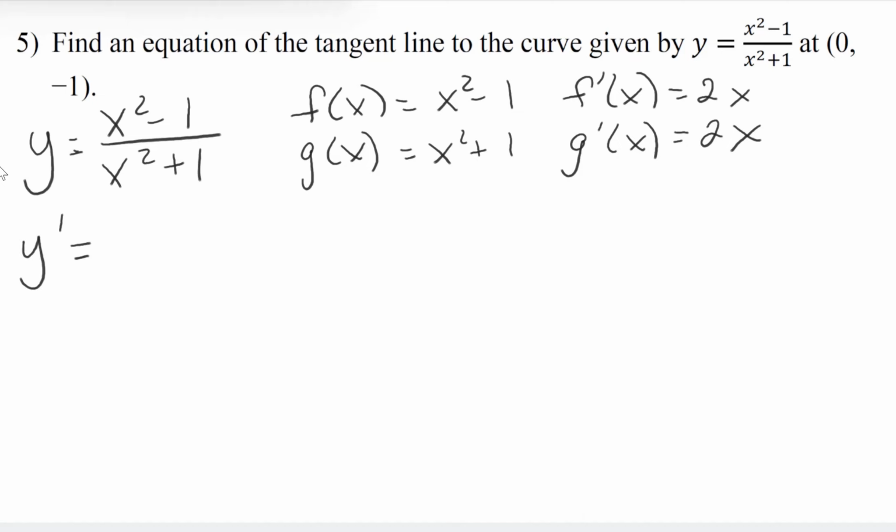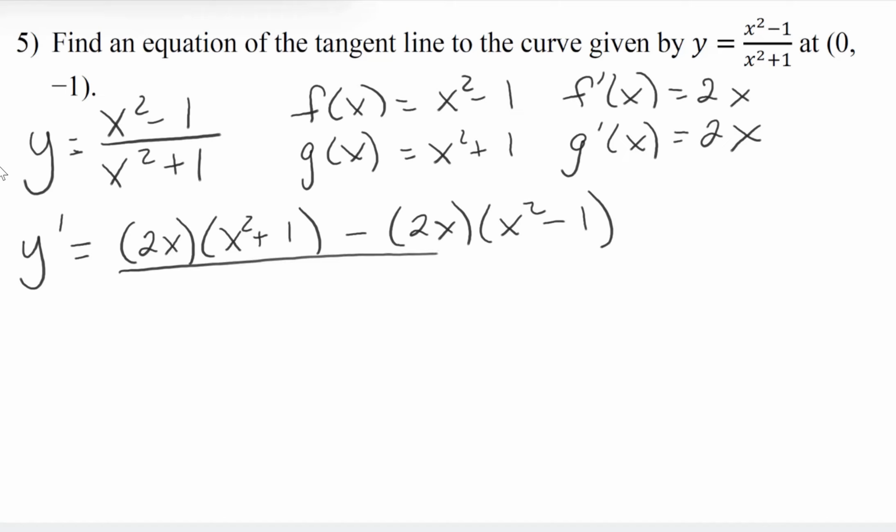So y prime is the derivative of the first, so that's 2x times the second, minus the derivative of the bottom times the top, all over the bottom squared.